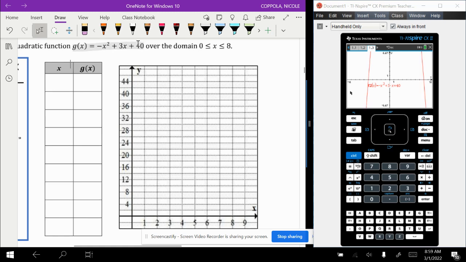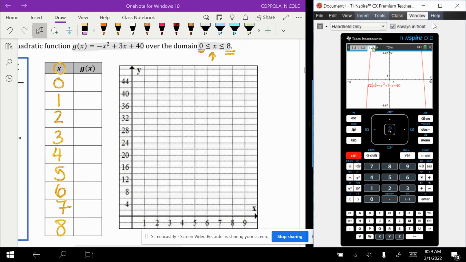Now, this is saying graph this over the domain 0 to 8. So when I see that, notice how x is between 0 and 8. So that's telling me my x's need to start at 0 and need to go all the way to 8. Now all I need to do is get those y values. So you could do this a couple of ways.